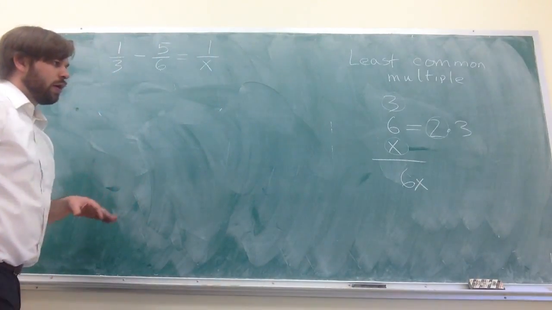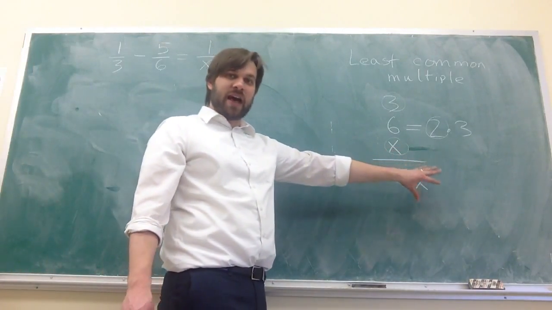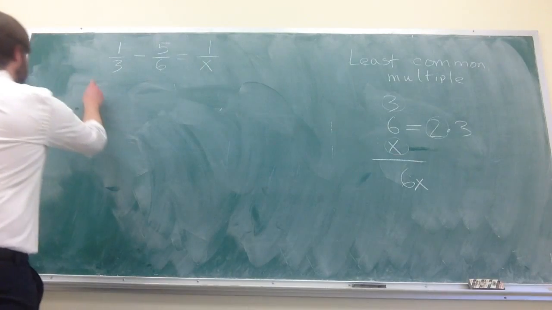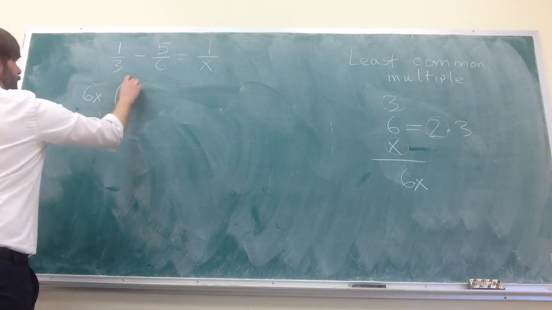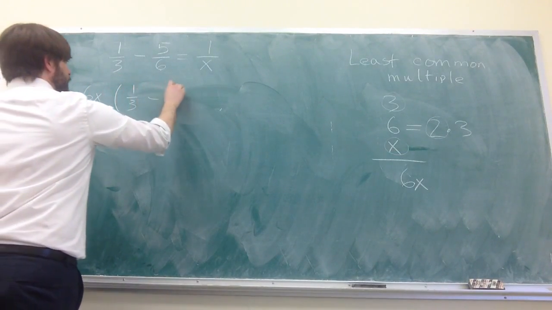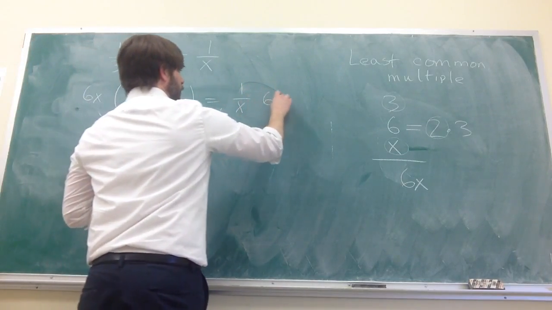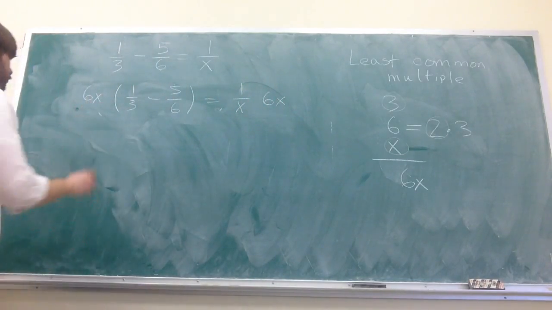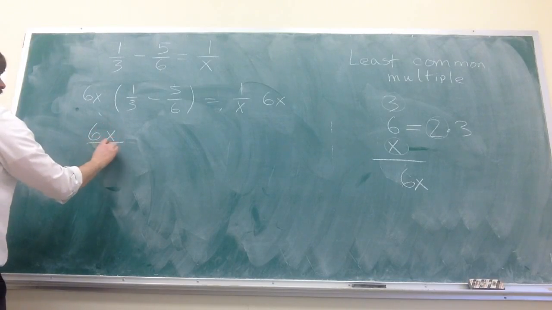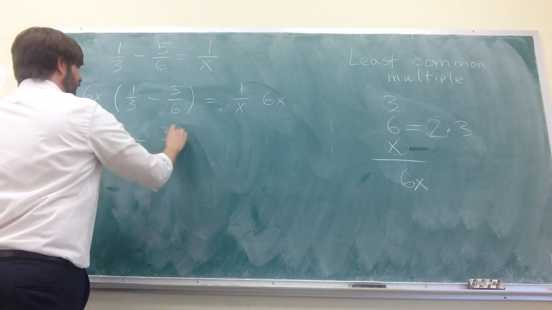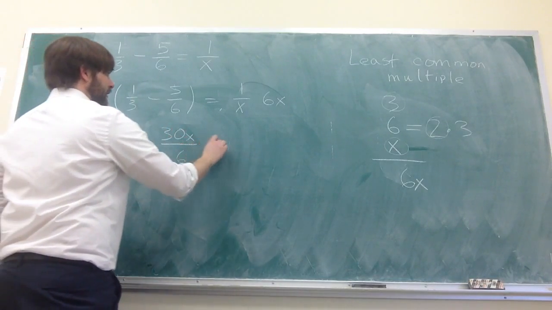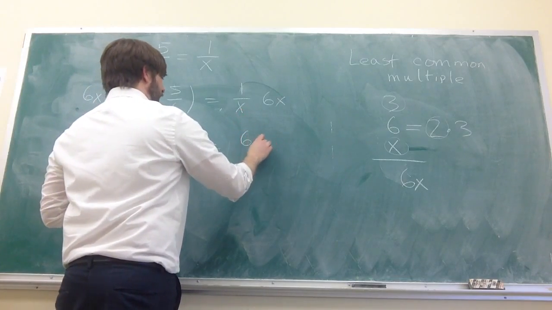Okay. Once we have this least common denominator, we want to multiply both sides of the equation by it. So when we multiply over here, we could distribute if we like. So we get 6x over 3 minus 30x over 6 is equal to 6x over x.